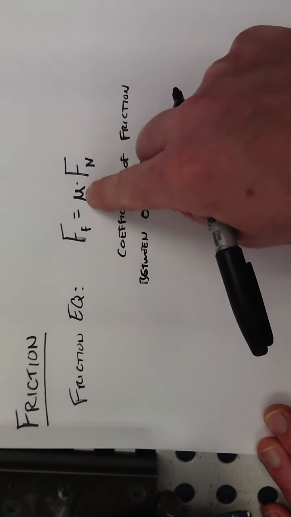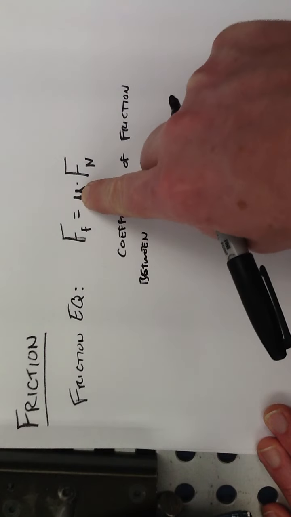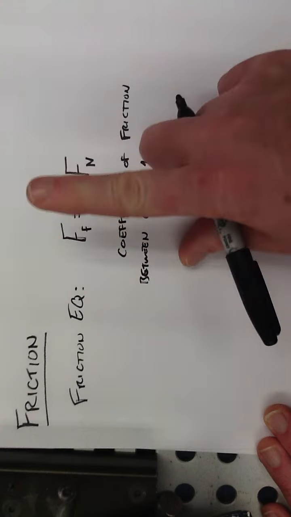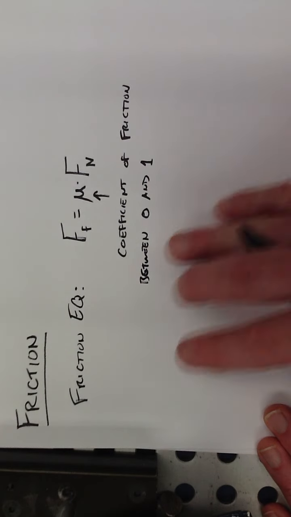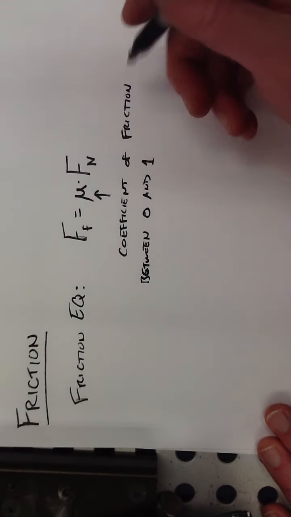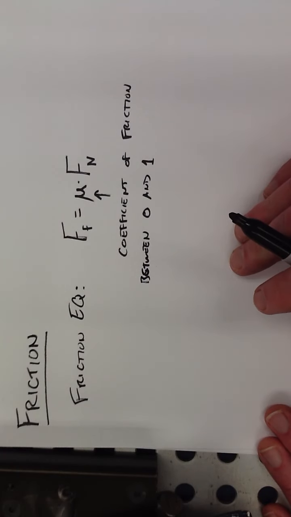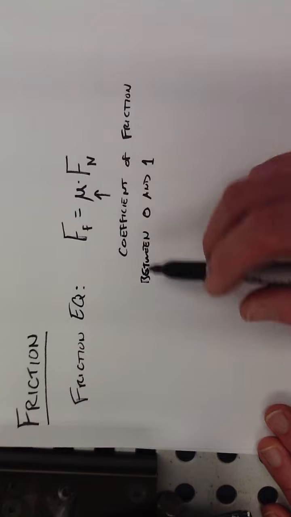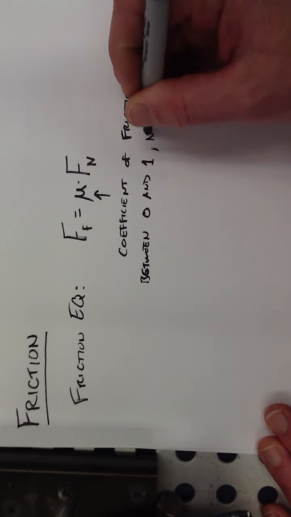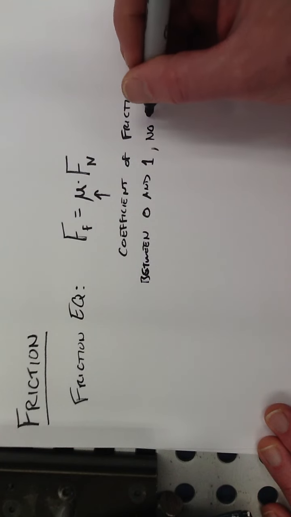If it was 0.5, it means you get half of whatever the normal force is. And you can't get more friction than the normal force, at least not without a lot of engineering and trouble. It doesn't naturally happen that way. So the coefficient of friction is between 0 and 1, and that number has no units.